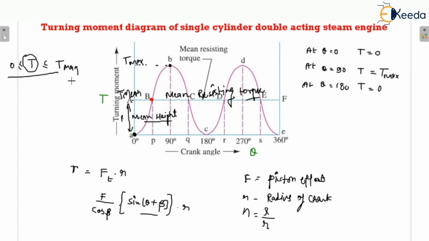So I'm saying that if the engine torque is more than the mean resisting torque, then we will say the turning moment is positive.